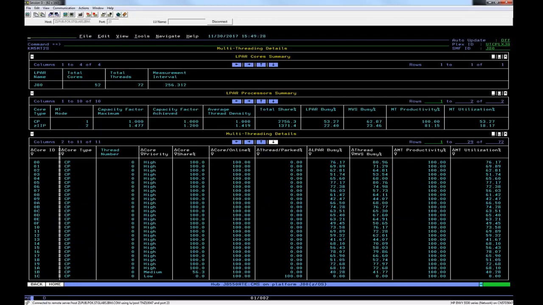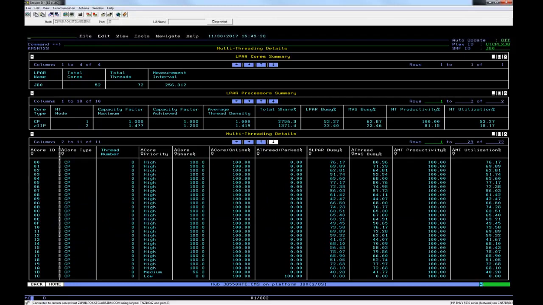The differentiation in definition here is that a core can contain one or more threads which run through it. So we're looking at cores. There are 52, but some of those cores can run multiple threads. And the total threads across these processes happens to be 72 threads.